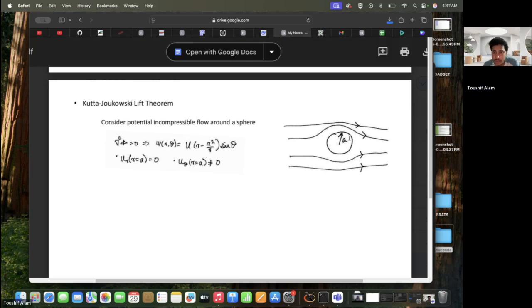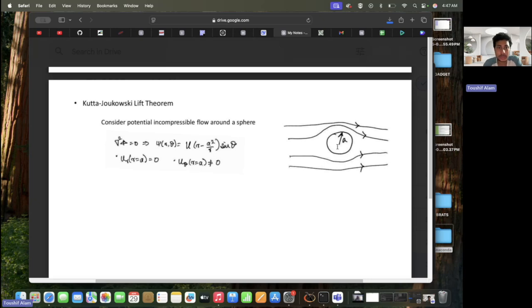This is how the potential form of this theorem is defined. It is clear the radius a of the fluid is a sphere. You see the lines are bent around this basically, right? So this is about the potential incompressible flow around the sphere.